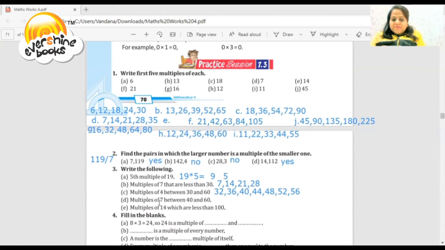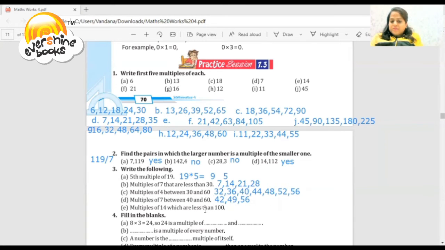Now multiples of 7 between 40 and 60. You have to write the multiples of 7 between 40 and 60. So your answer is 7 6s are 42. So write here 42, 49, 56, 63. No, don't write 63 because you have to write the answer between 40 and 60.